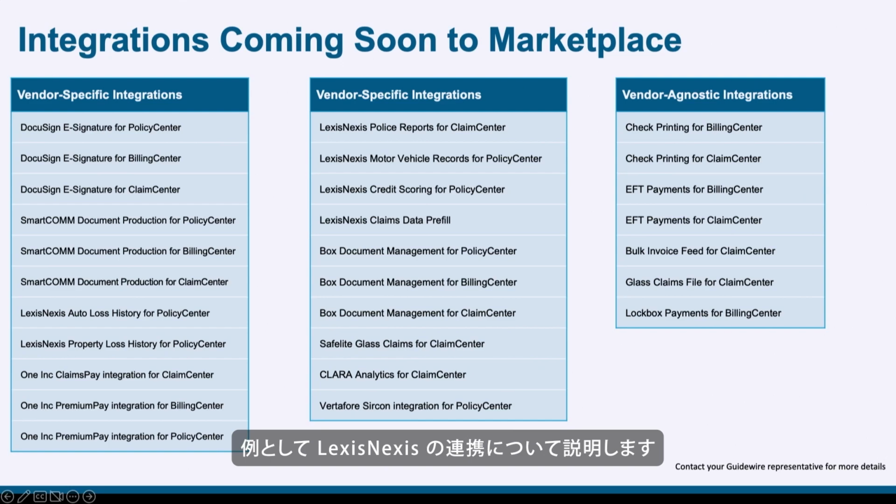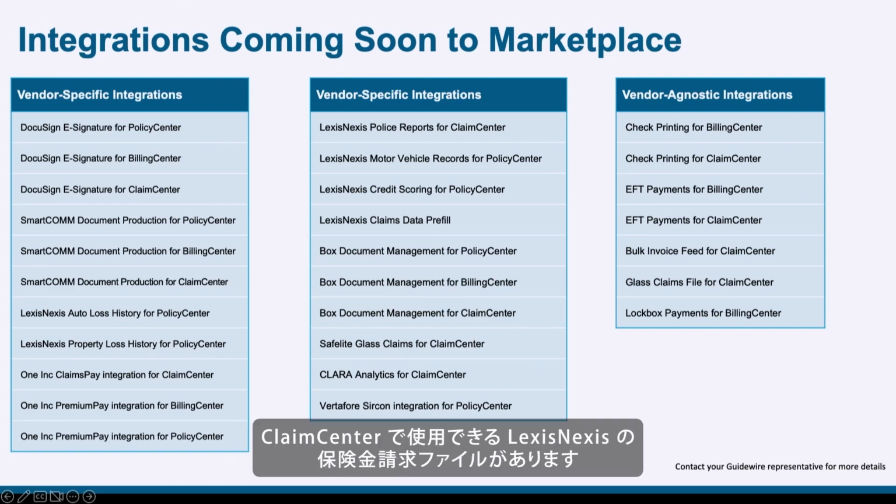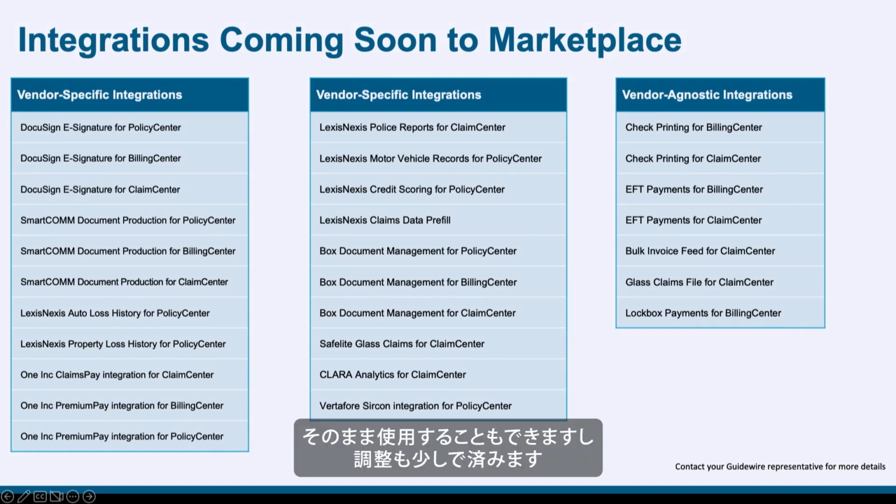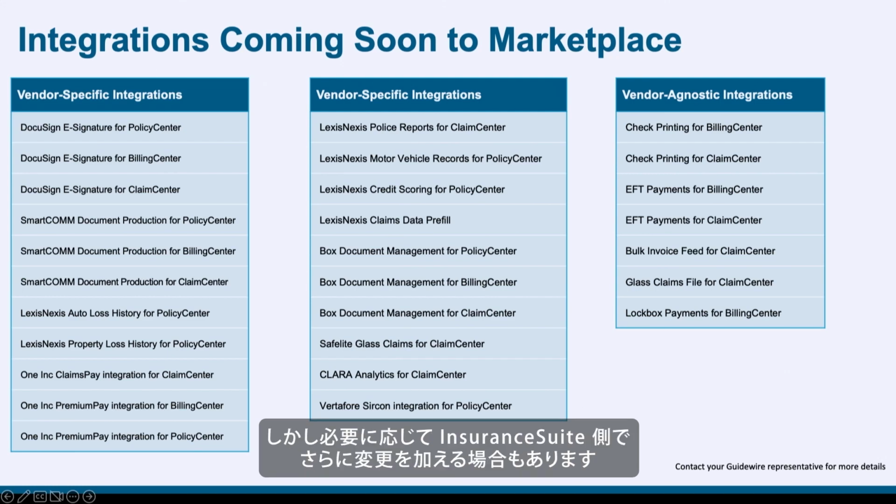As an example, we're talking about LexisNexis. There's a LexisNexis claims file for Claim Center. Think of these as templates, which you can use as is or tweak a little bit, but you still have to make changes on the insurance suite side.